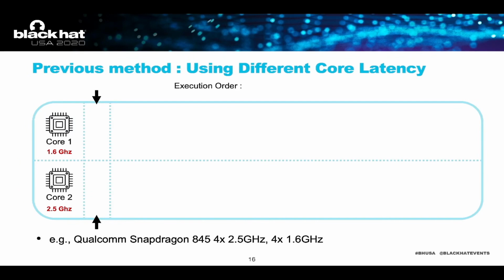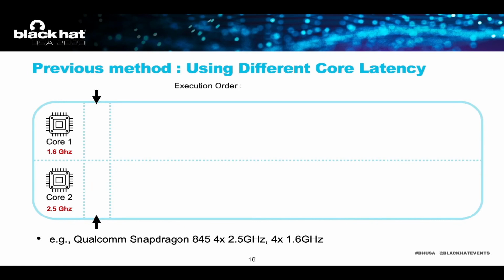The first method is using the different core latency. There are CPUs that have cores with different frequencies, such as the Qualcomm Snapdragon 845. It has two sets of cores, and each set contains four 2.5 GHz cores and four 1.6 GHz cores respectively.